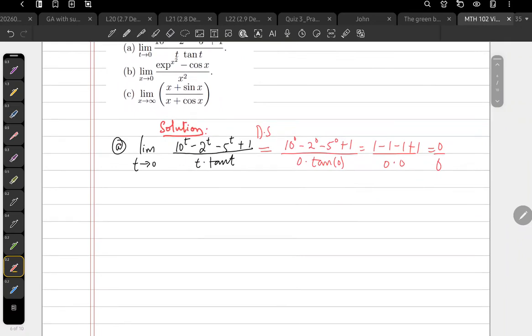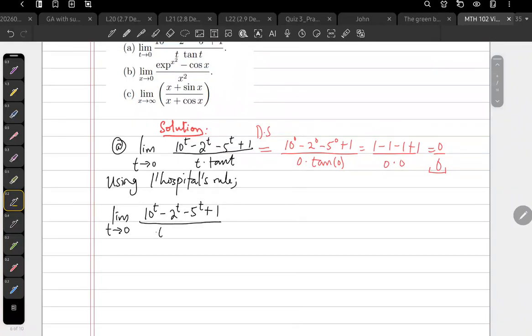So we can use L'Hopital's rule because we have an indeterminate 0 over 0. We know that this limit as t approaches 0 of 10 to the power of t minus 2 to the power of t minus 5 to the power of t plus 1 over t tan t is equal to the limit as t goes to 0 of the derivative of the numerator.